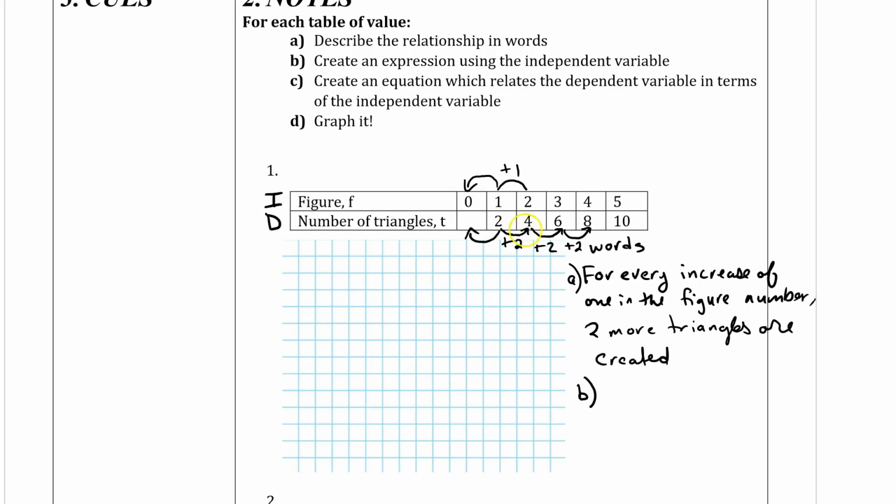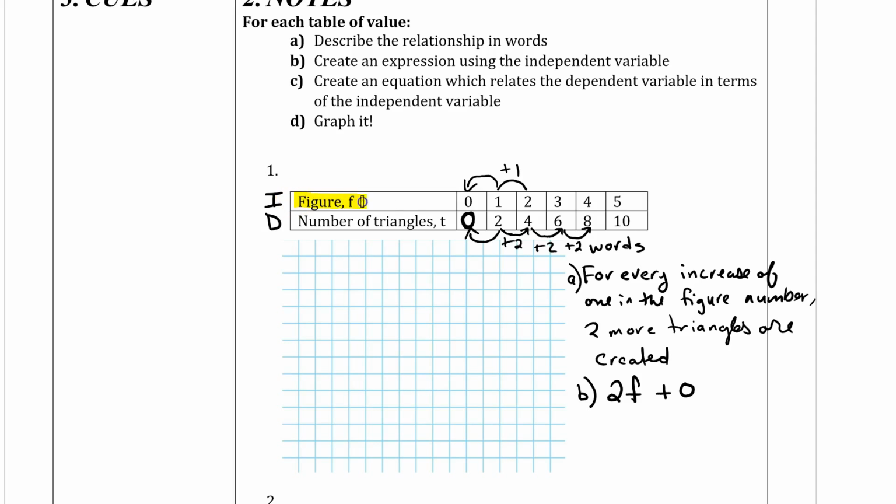Since I'm adding 2 every single time I'm moving to the right, I need to subtract 2. So that means that our constant is going to be 0. So the way that I would write the expression is 2f plus 0.